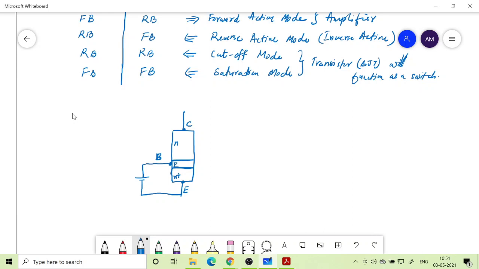And we know already from the diode characteristics that when a PN junction is forward biased, we cannot give a voltage much greater than 0.7. So ideally we give something like 0.7 if it is silicon material that you are using to build this BJT. So I will call this now VBE.